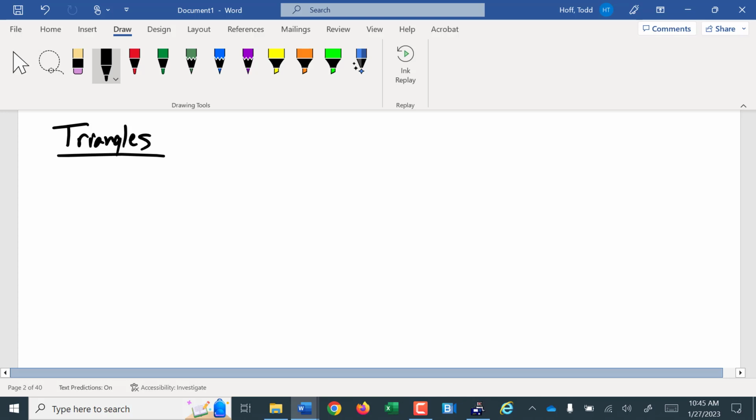Triangles are very important in any sort of engineering application because triangles are a rigid structure. If you think about it, if you have 3 pieces of material, all you have to do is drill through and put pins through the ends to hold them together, and that triangle is not going to flex. It can't move.